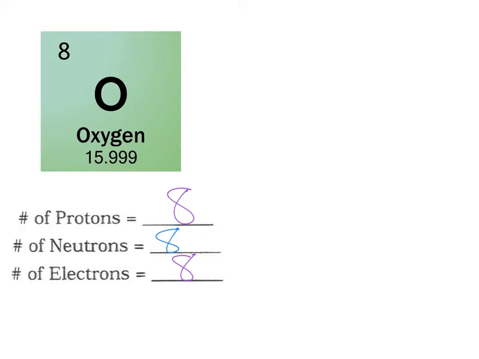Now that we know the numbers of protons, neutrons, and electrons, we can start drawing our atomic models. So I'm going to begin with my nucleus, and I know I have 8 protons in my nucleus along with 8 neutrons, so I always start with my protons. So I'm going to draw 8 protons. 1, 2, 3, 4, 5, 6, 7, 8.